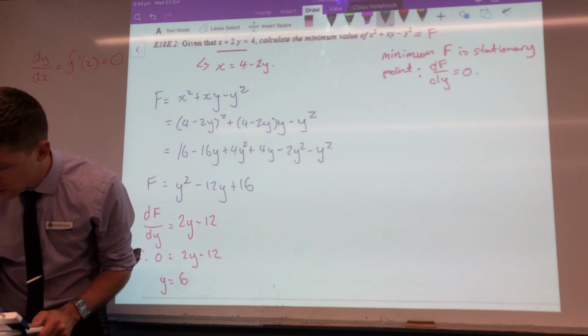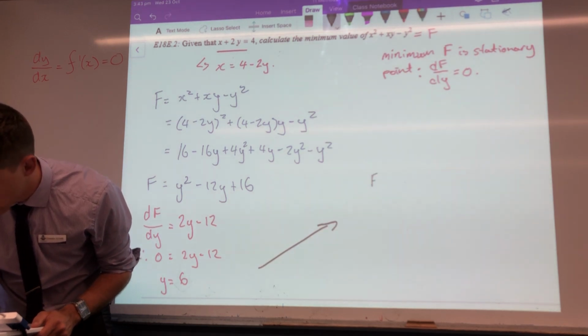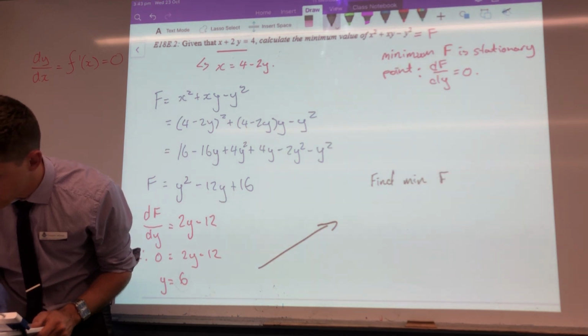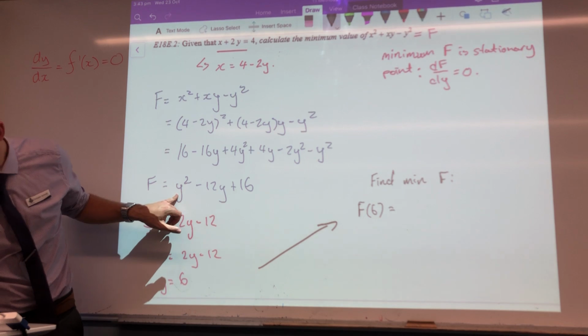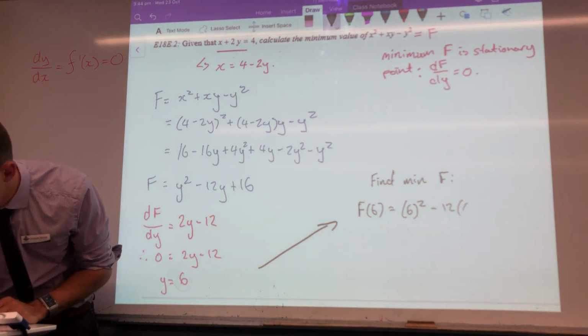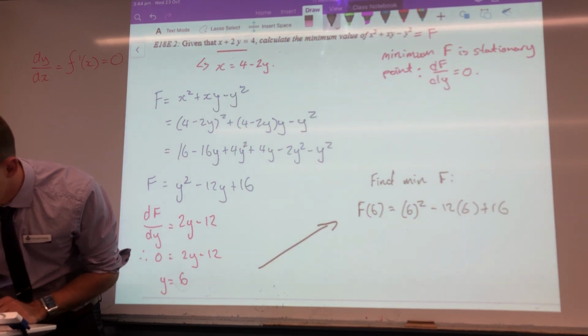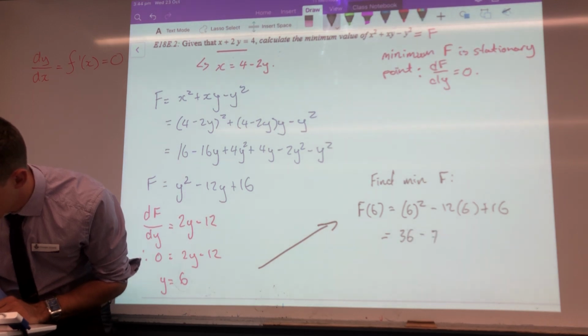So to find, lastly, what we're being asked for, the minimum value of function f, let's substitute in 6 into our formula. 6 squared minus 12 times 6 plus 16 equals 36 minus 72 plus 16, or negative 20.